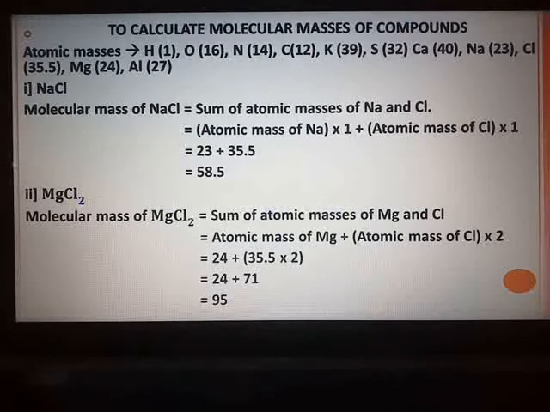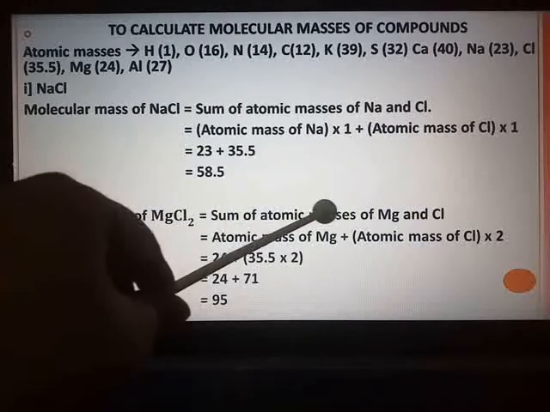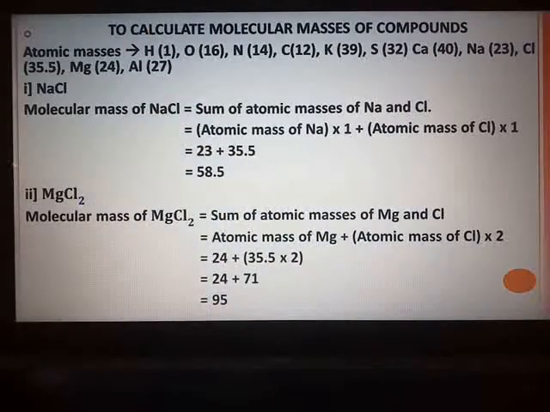Next compound for revision is MgCl2, magnesium chloride. The two elements are magnesium and chlorine. Magnesium is only single, but chlorine you can see Cl2, so two atoms of chlorine. So molecular mass of MgCl2 is equal to the sum of the atomic masses of Mg and Cl.